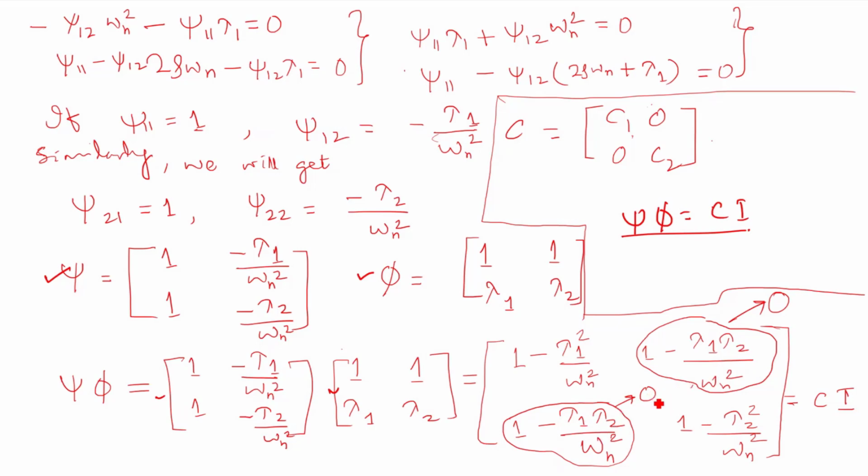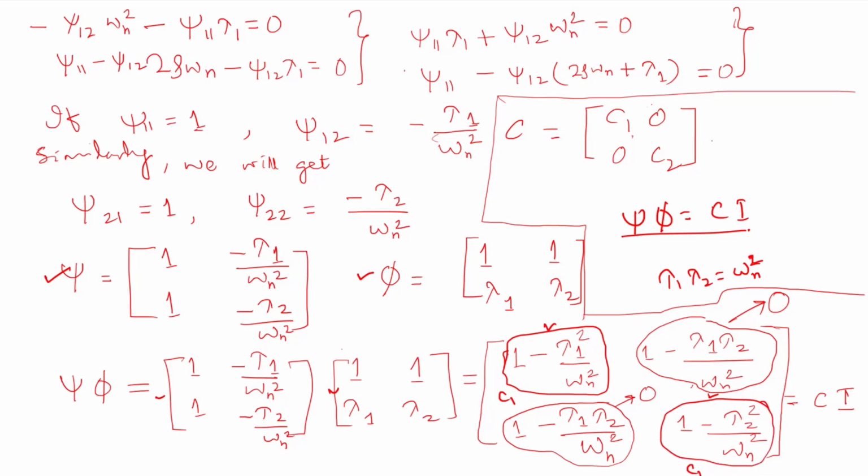Because lambda 1, lambda 2 is nothing but equal to omega n square. So therefore it will become 1, and this term will become 0, this term will become 0. So only this and this term will be there. That means it is equal to C into the identity matrix, and C has two elements C1 and C2. This is your C1, this is your C2, right?